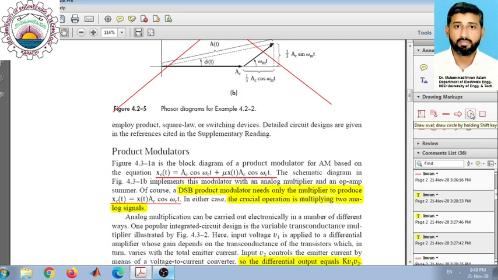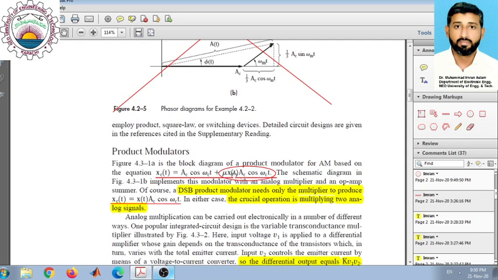You notice that basically we are interested in getting two operations. What are those two operations? The first one is represented by this term here. You can see that x(t) represents the message signal, and cos(ω_c t) represents the carrier wave.